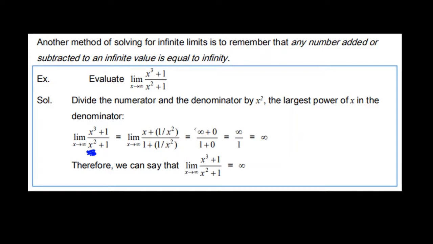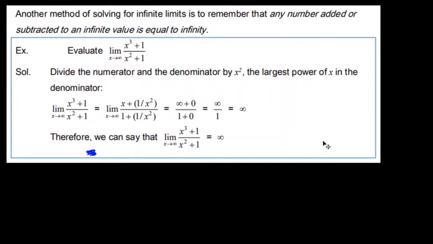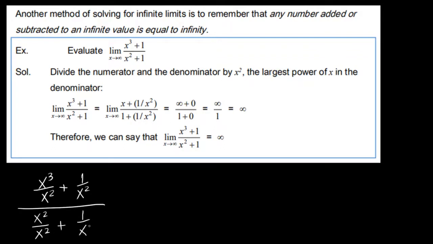Let me move this. Erase. Okay. So, what happens is, x cubed is divided by x squared. Plus, 1 is divided by x squared, over x squared. So, it becomes x plus 1 over x squared.